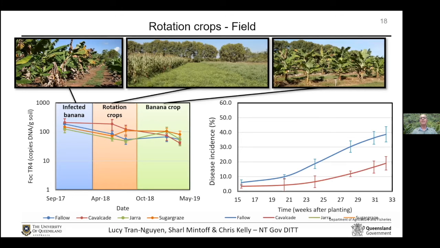However, with the cavalcade centrosema variety, this was greatly suppressed. The disease symptoms weren't being expressed as highly as they were in the weedy fallow. The opposite was seen with the jarrah grass, where there was greater expression of disease and a greater incidence of disease, and the sorghum was somewhere in between.